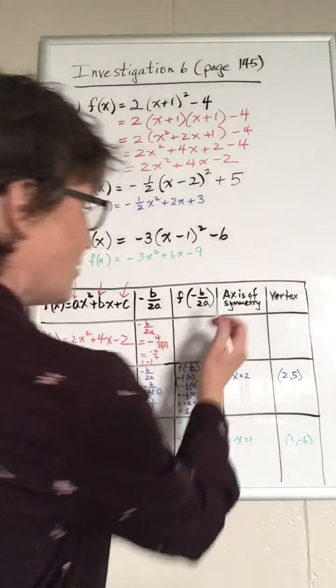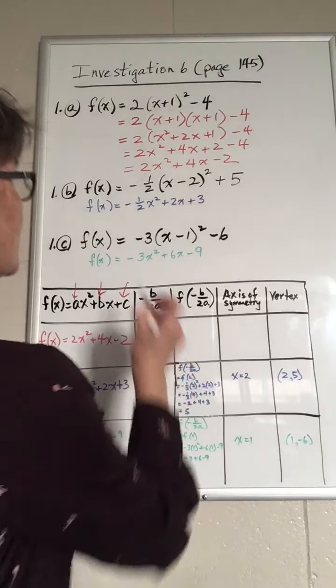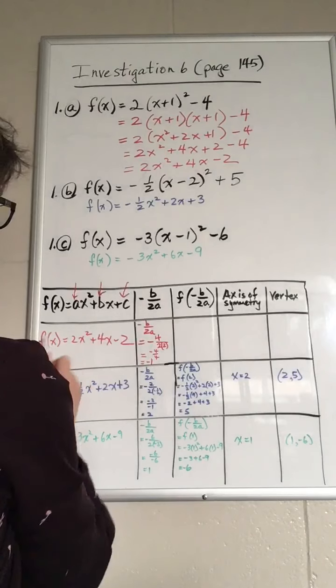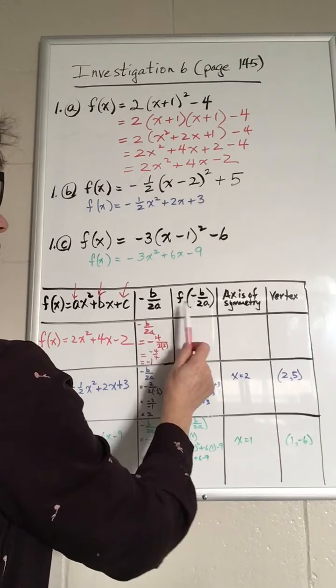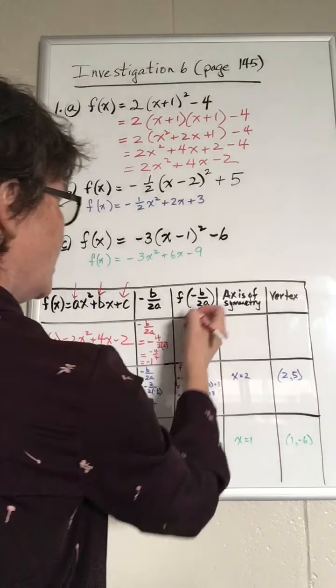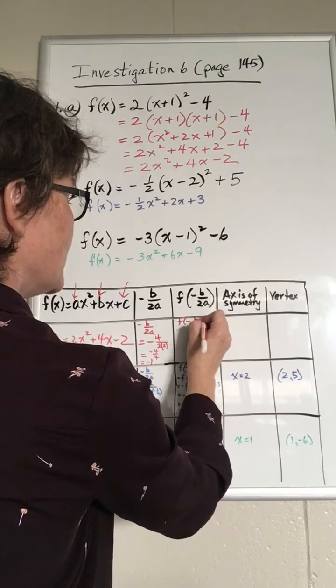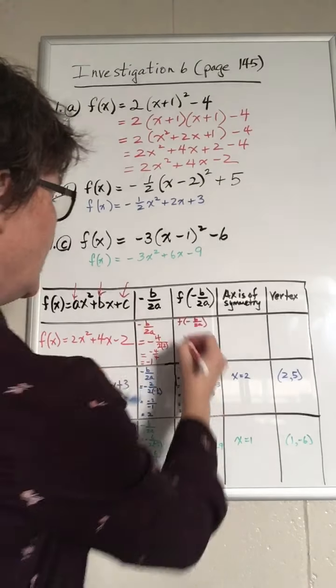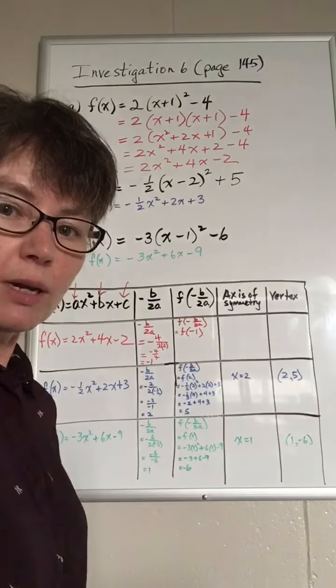Okay, so then f of negative b over 2a. Remember, here we're dealing with f of x. We figured out what negative b over 2a is. So if we do f of that number, so f of negative b over 2a, in this case, for this function, happens to be f of negative 1.